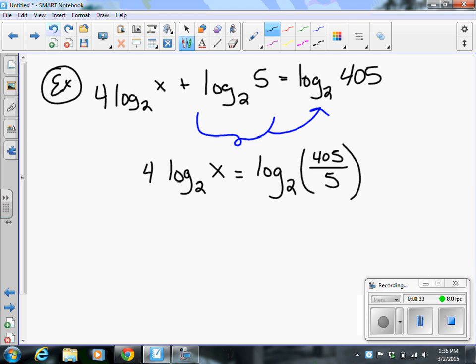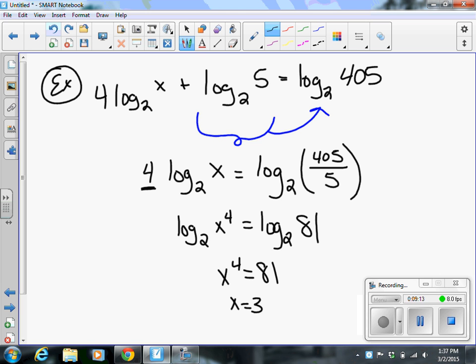So right now, I'm going to simplify that 405 over 5, and I'm going to move this 4 on the outside here to be a power. So I have log base 2 of x to the 4th equals, well, what is 405 divided by 5? It's 81. So now looking at this, I've got the log of base 2, log of base 2. I can cancel that log of base 2 out and get x to the 4th equals 81. Well, we just did this, so x equals 3.